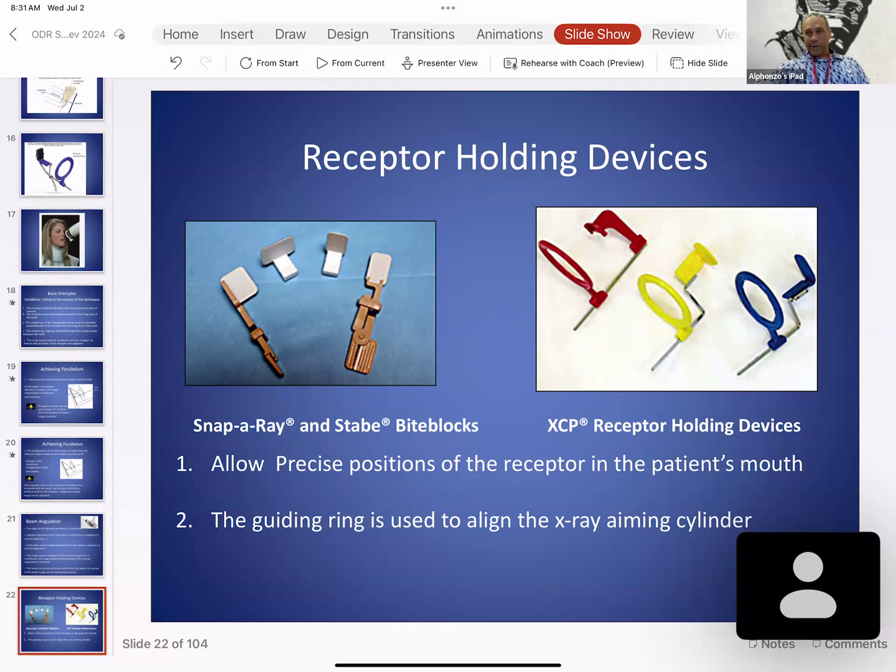But anyway, the snap array is a device you would probably use for your bisecting the angle technique, and that's the one on the left. But of course, the device is designed to hold the sensor now. This is just kind of an older imaging device, but the same concept.